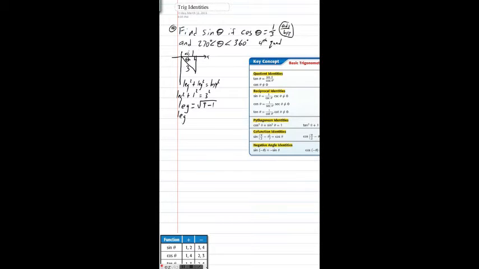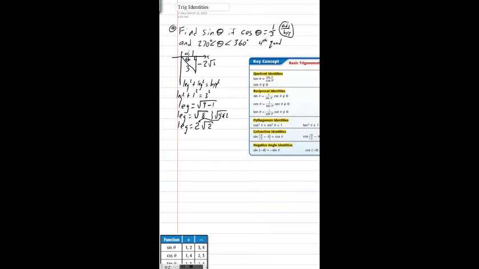So leg is equal to square root of 8. And if you recall, square root of 8 can be written as square root of 4 times 2. So leg is equal to 2 times the square root of 2, because the square root of 4 is 2. Alright, so we have this leg, and it's negative because it's in the negative y value. So negative 2 times the square root of 2.